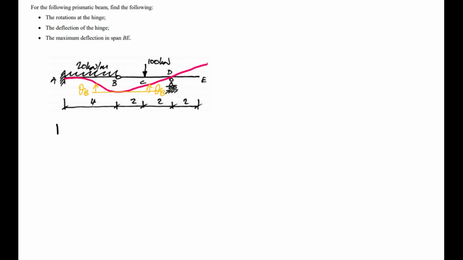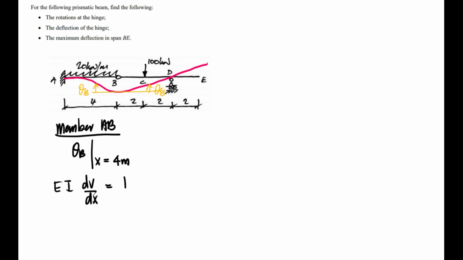Okay, we start with member AB. We find the rotation at B when x equals 4 meters, so we substitute into the equation. EI dv/dx is equal to 130 divided by 2 x to the power of 2 minus 360x minus 20 divided by 6 x to the power of 3.